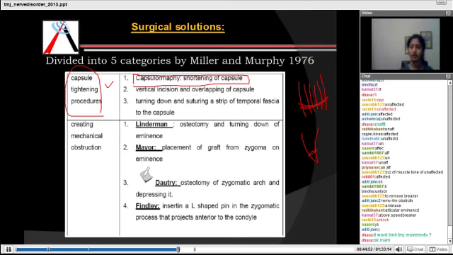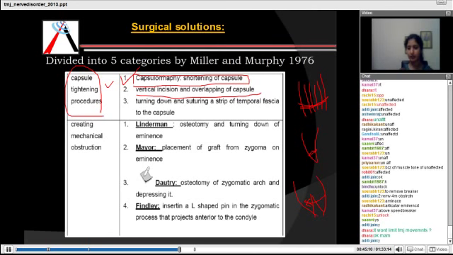Okay? So you either do a capsulorrhaphy where you shorten the capsule, or you give a vertical incision and overlap the capsule. It is similar to how in stainless steel crowns you give a V-shaped incision and then overlap. You make an incision and then you overlap the two fibers of the capsule so that it becomes tight.